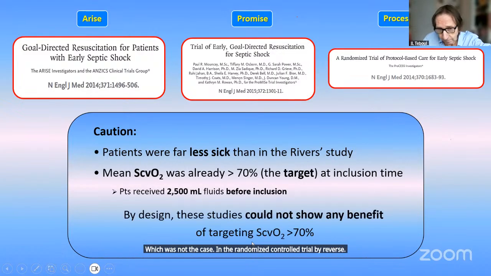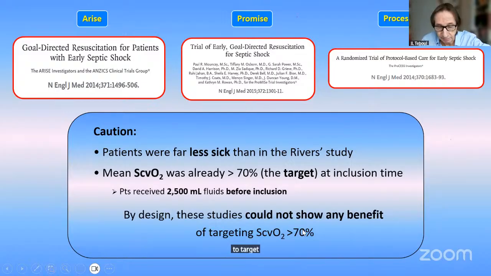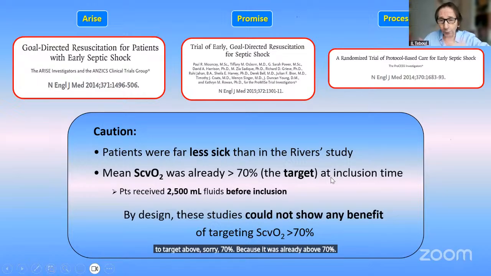And therefore, by design, these studies could not show any benefit of targeting ScvO2 above 70%, because it was already above 70% in both groups. So it was not possible to show any difference.